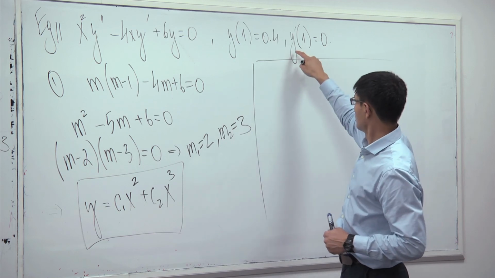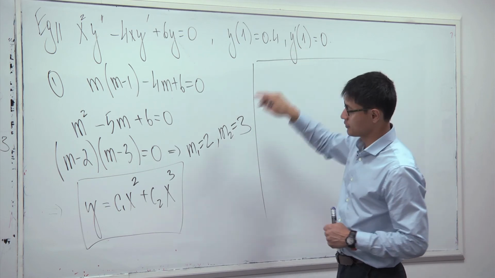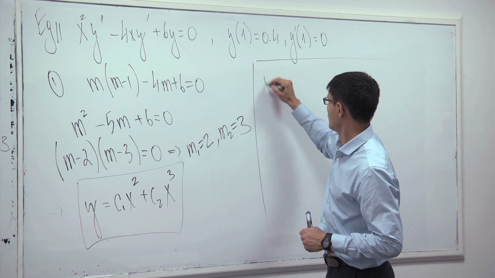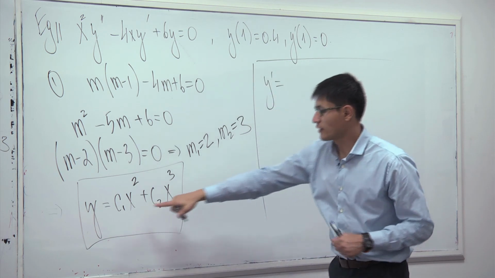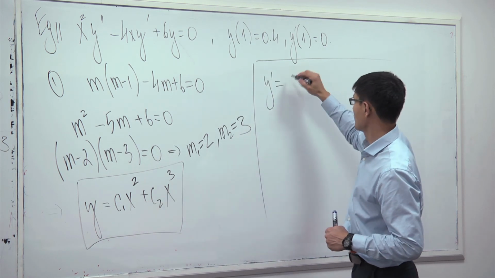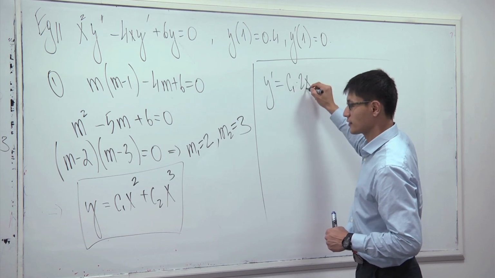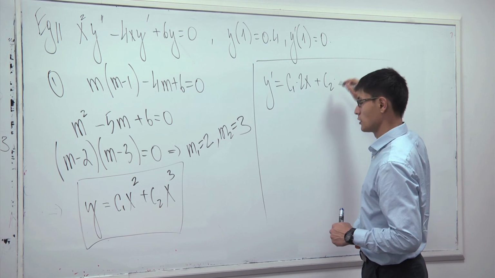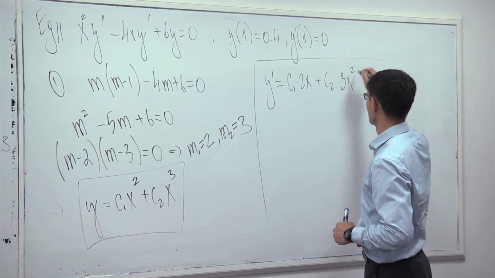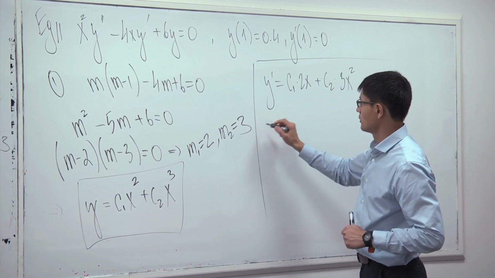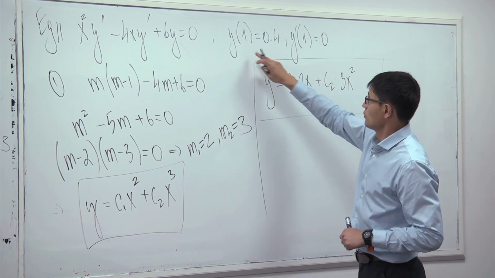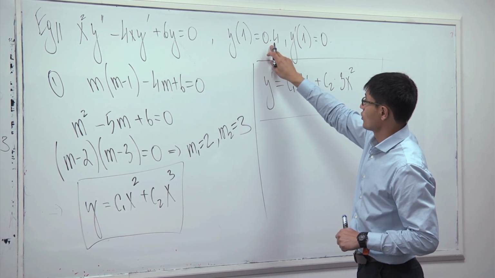Notice we also would need y prime. So let's compute y prime. If I take the derivative, I'd get c1 times 2x plus c2 times 3x squared. Now, we know that y of 1 equals 0.4.